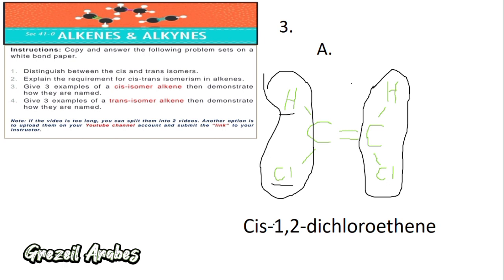So it is cis because it said that cis means on this side. So side and then side. That would be all in our first example in number 3, ma'am.